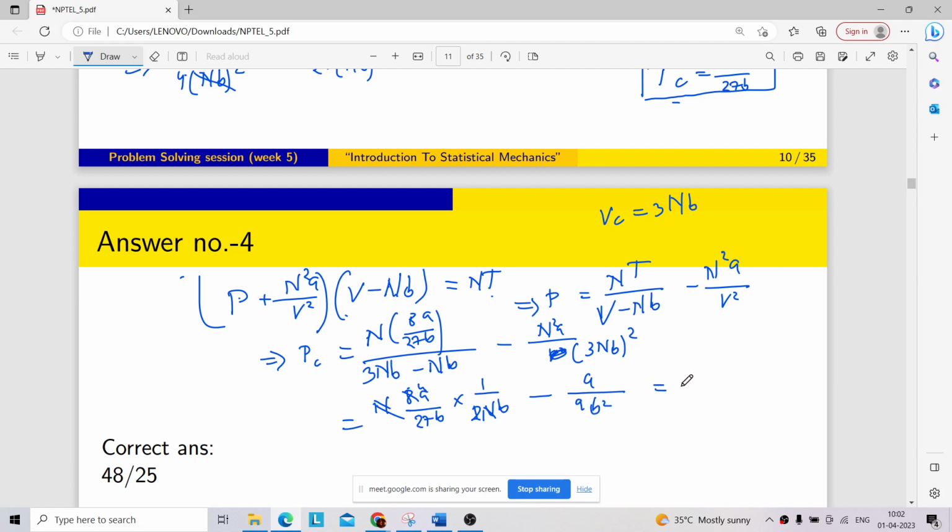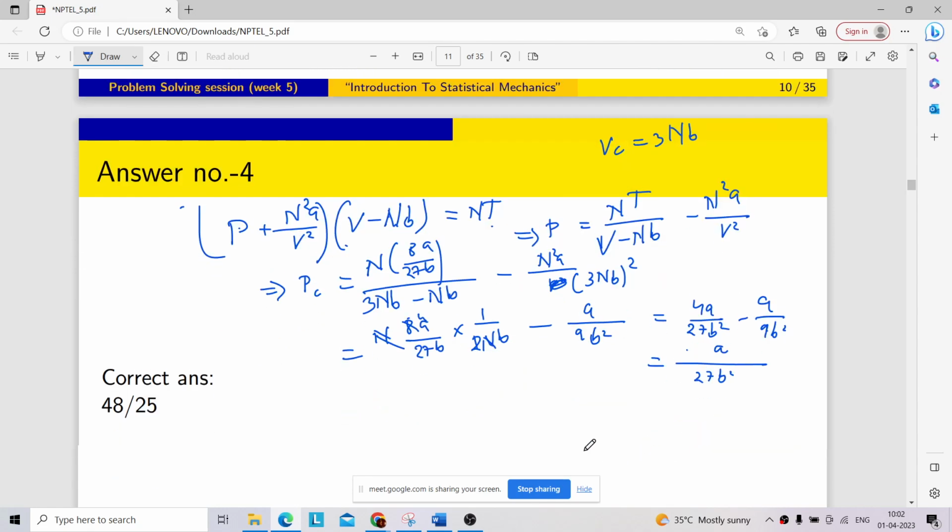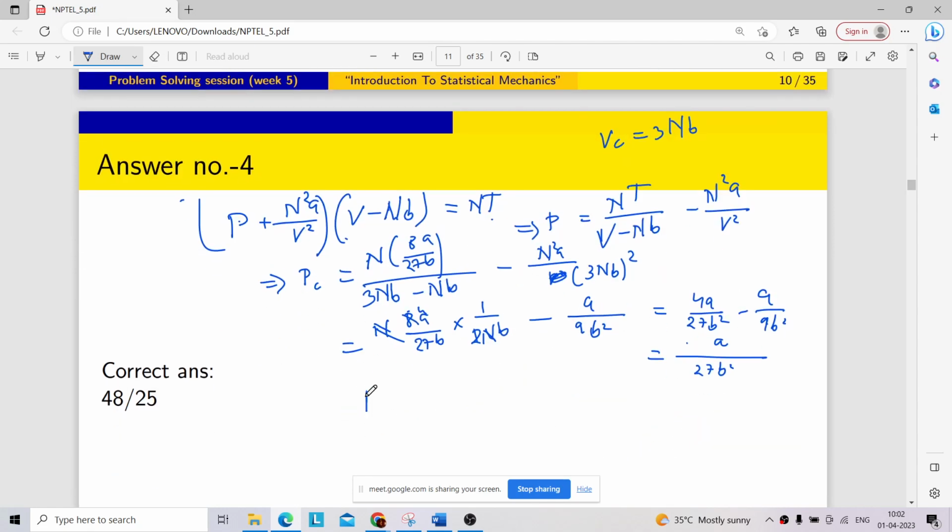So I have 4A over 27B square minus A by 9B square. So this is 27B square, 4 minus 3, A. So PC is A over 27B square, right?